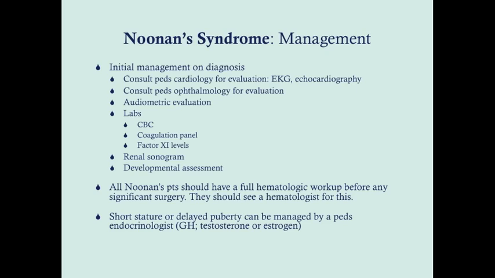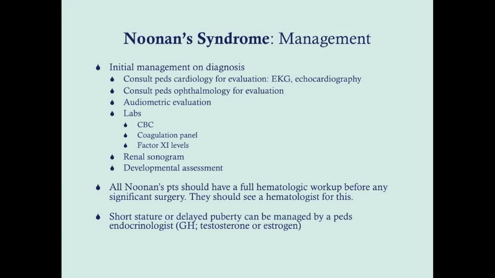If there is short stature, you can send them off to a pediatric endocrinologist for growth hormone therapy, and it really just depends on the wishes of the patient and of the parent, usually the parent because these are young kids. But a lot of patients with Noonan syndrome do achieve relatively low end of normal height, even without growth hormone therapy.